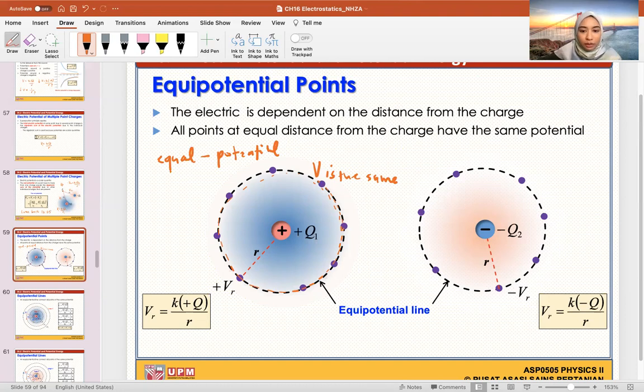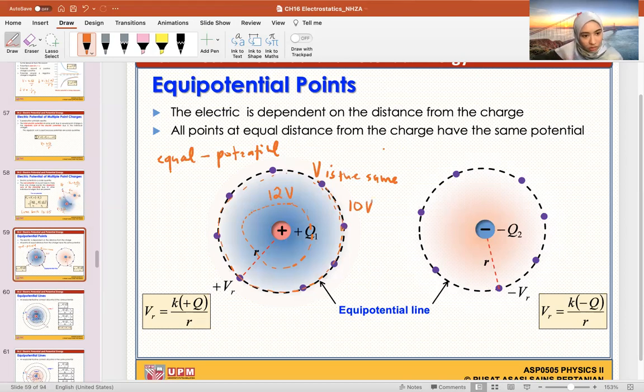So if I ask what is the V at this point? Going closer to a positive source charge, I will go to a higher potential. My V should be bigger. So if this guy is 10, maybe this guy should be 12 volt.